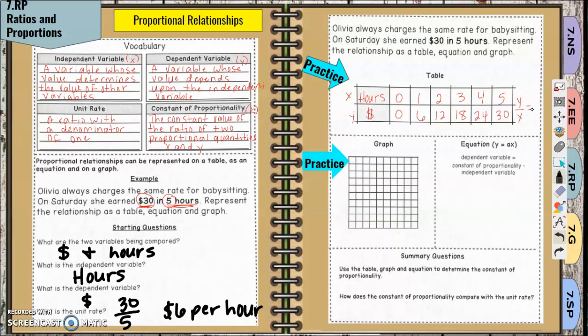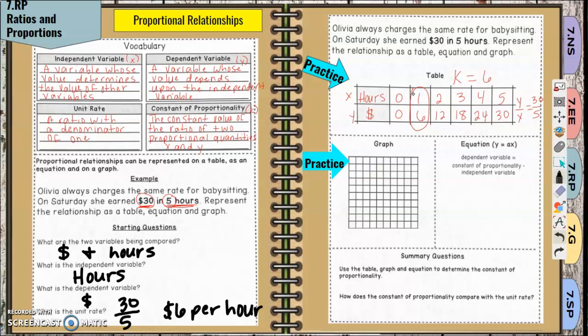So we could do 6 divided by 1, that's 6. 12 divided by 2, that's 6. 18 divided by 3, that's 6. No matter which one you pick, you're going to get that the constant, or K, equals 6. That's how you can identify if a table is proportional, because every set that you divide is going to give you the same answer.